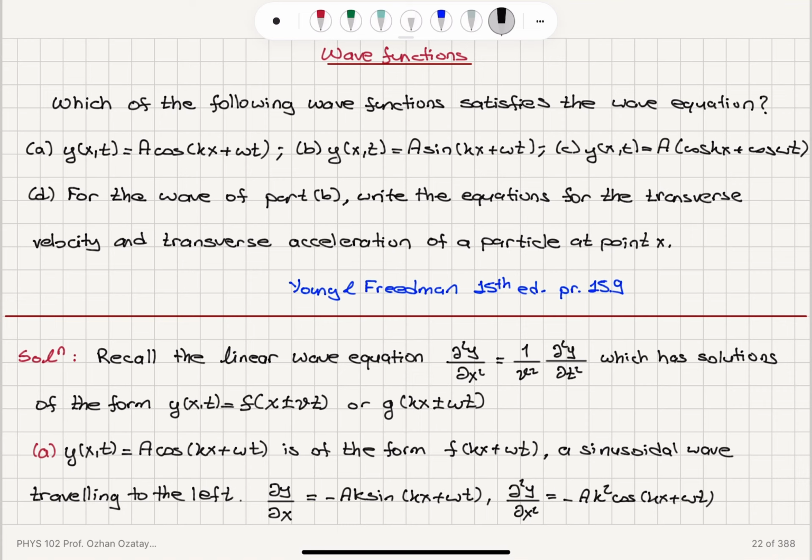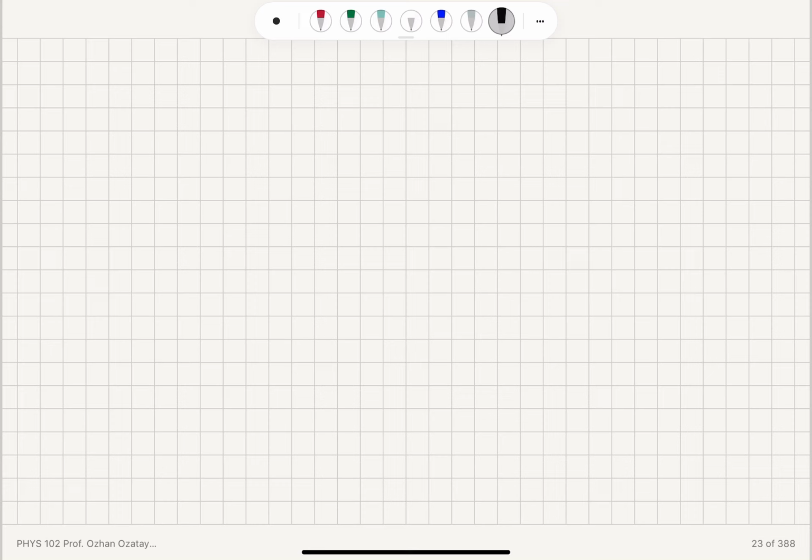Okay, now we need the time derivative, ∂y/∂t. This is −Aω sin(kx + ωt). And the second derivative with respect to time, ∂²y/∂t², is equal to −Aω² cos(kx + ωt).